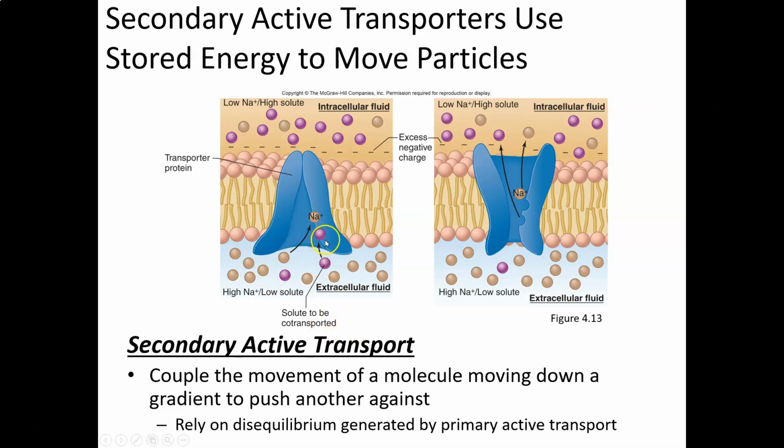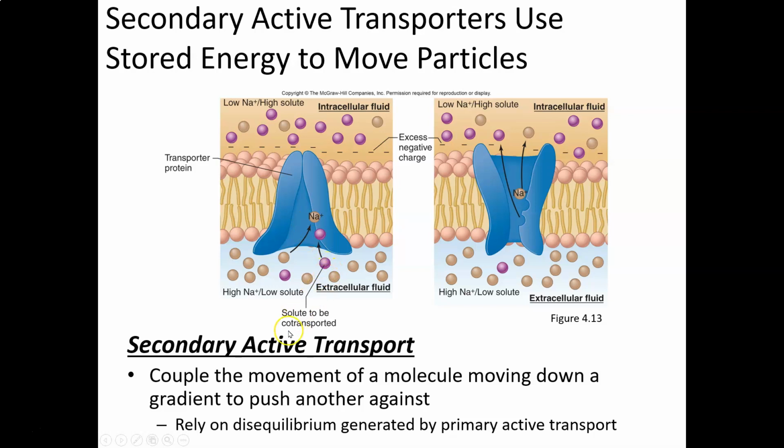In this case, this purple molecule is going against a gradient. A great example of something that works like this is called the sodium glucose transporter. Sodium moves down its gradient into the cell, and it brings glucose in along with it. That's often against a gradient. Since it's moving against a gradient, it's an active transport mechanism.